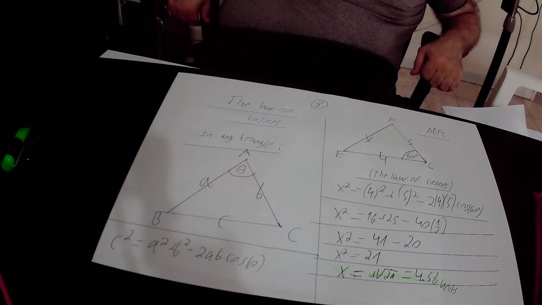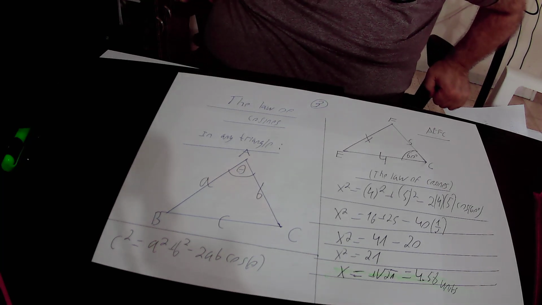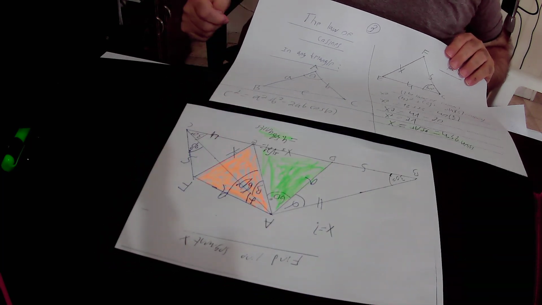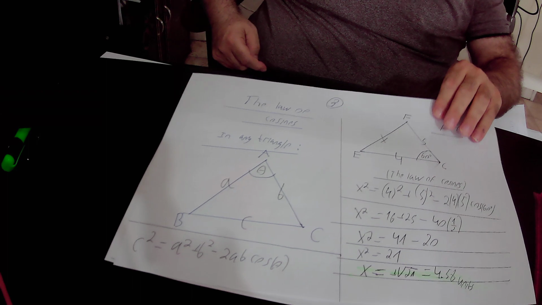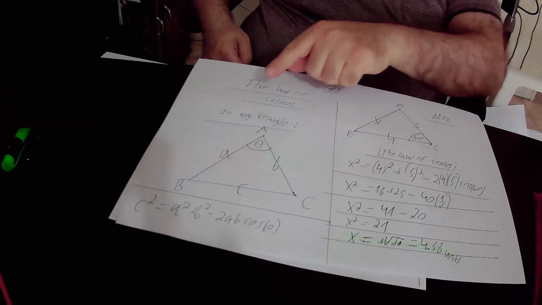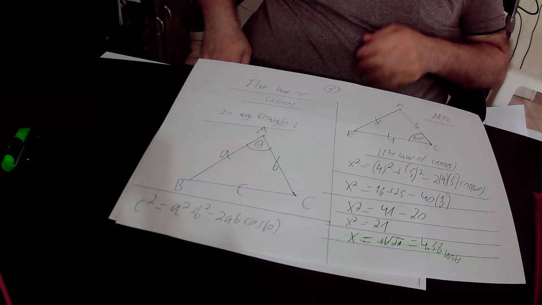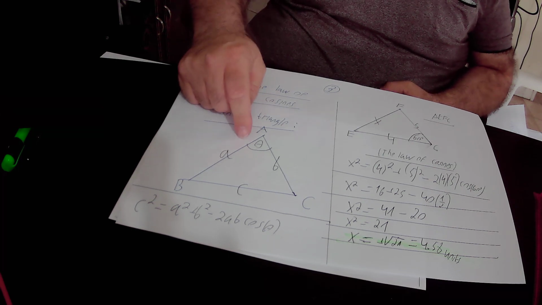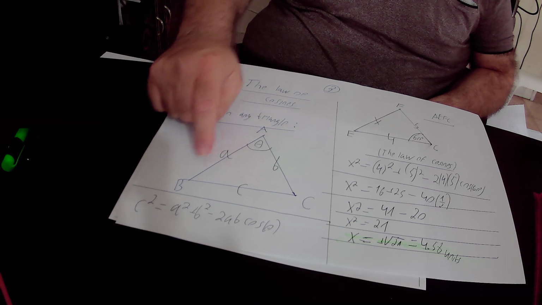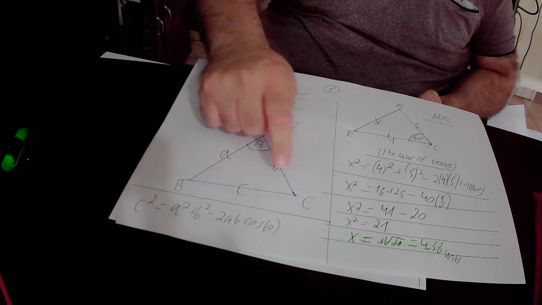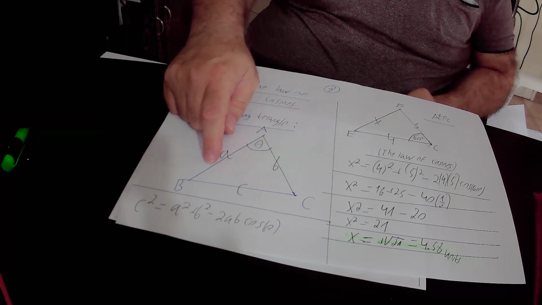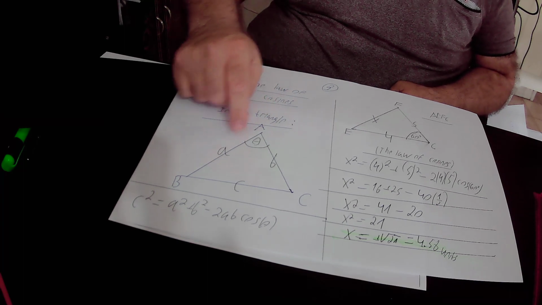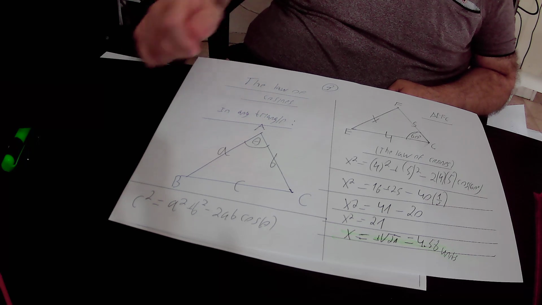In the next step, I presented to you the law of cosines, and we implemented the law of cosines in this triangle EFC. The law of cosines is true in any triangle. So what is the law of cosines? If we have this triangle ABC that could be any triangle, side AB equals A units in length, side AC equals B units, side BC equals C units, and the angle between side AB and side AC is theta.